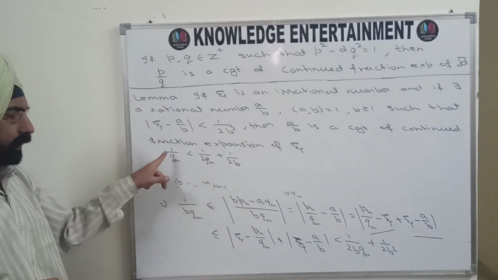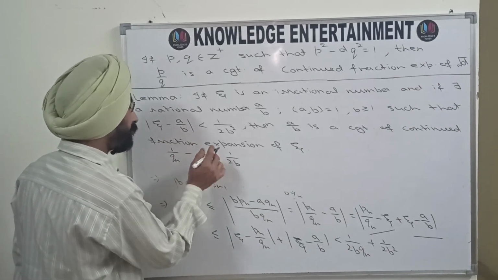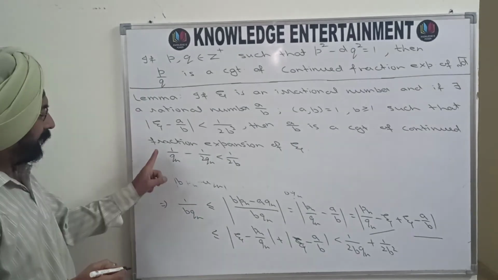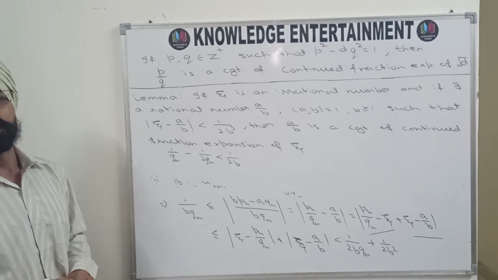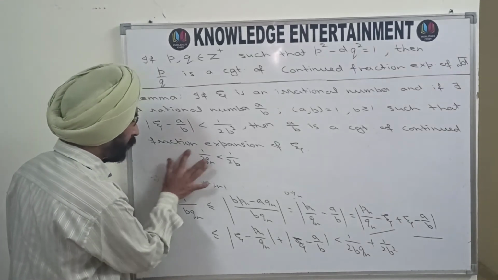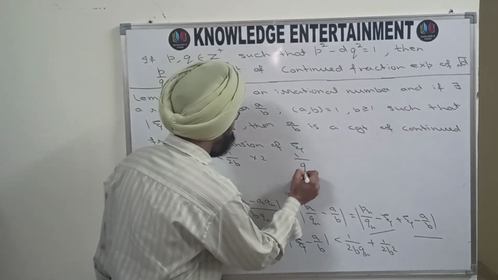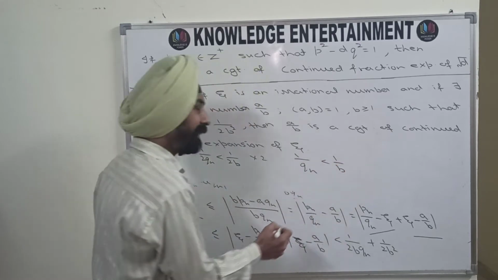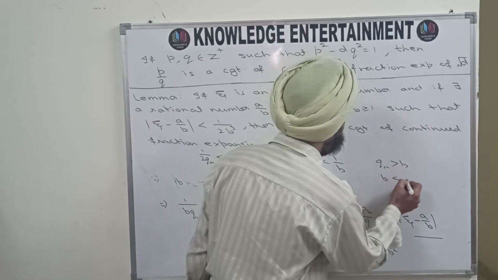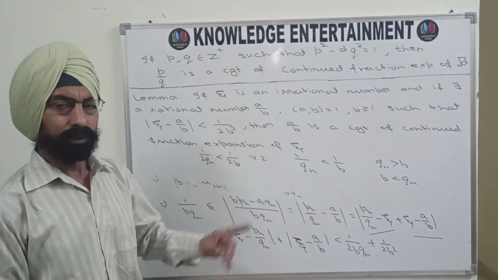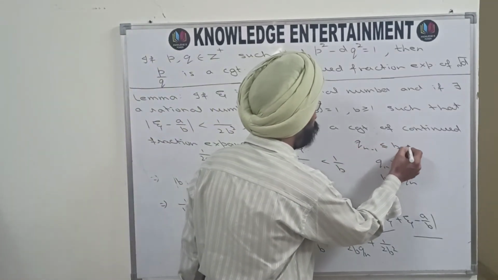Take this 1 upon q1 to the left-hand side, you will get 1 upon q1 minus 1 upon 2q1 is strictly less than 1 upon 2b, and 1 upon q1 minus 1 upon 2q1 will become 1 upon 2q1. So 1 upon 2q1 is less than 1 upon 2b. Multiplying by 2, 1 upon q1 is less than 1 upon b, and now reciprocating, you will get q1 is greater than b. That means b is less than q1, which is a contradiction, because in the starting we have seen that q1 minus 1 is less than or equal to b is less than q1.